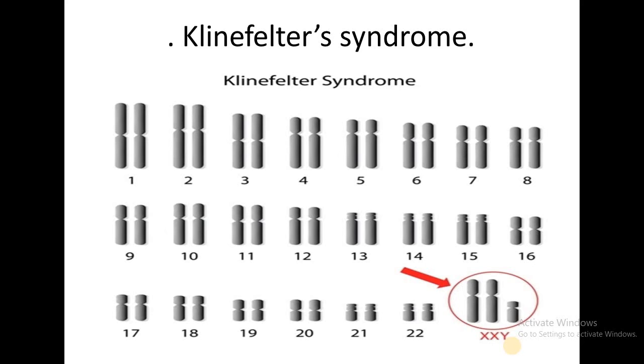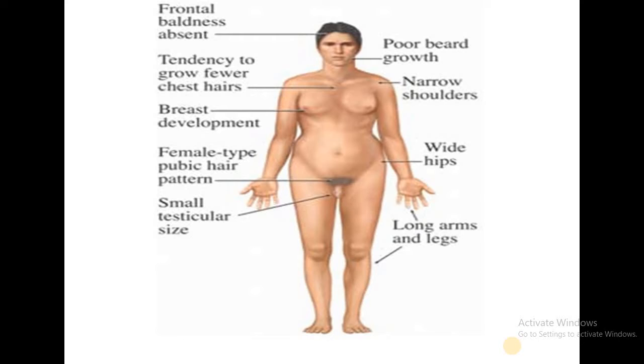The features associated with Klinefelter syndrome are that frontal baldness is absent. They have a tendency to grow fewer chest hairs. There is development of the breast, as you see in females, but he is a male. There is female type pubic hair, small testicular size, long arms and legs and wide hips.